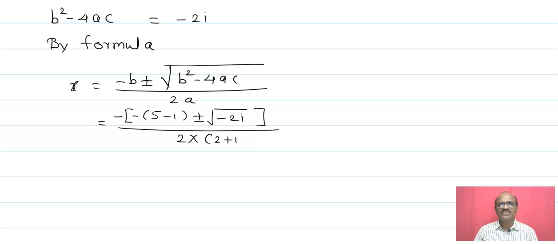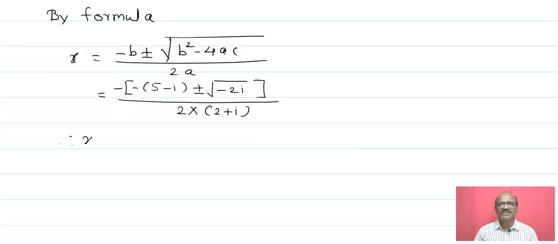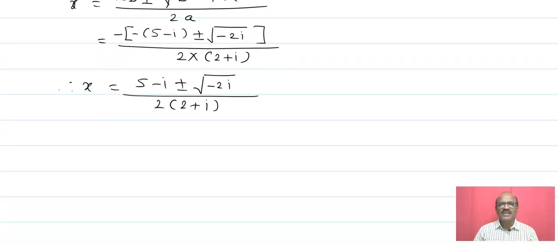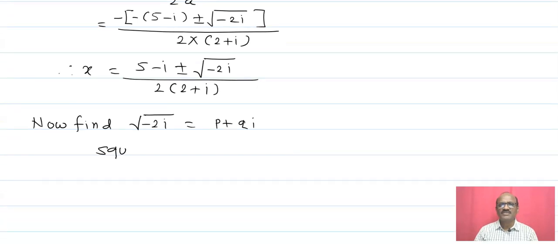That is a minus in square bracket, the bracket should be there. That is minus minus becomes plus or minus. Therefore, x is equals to 5 minus i plus or minus in root of minus 2i. The square bracket should not be at the end of that.